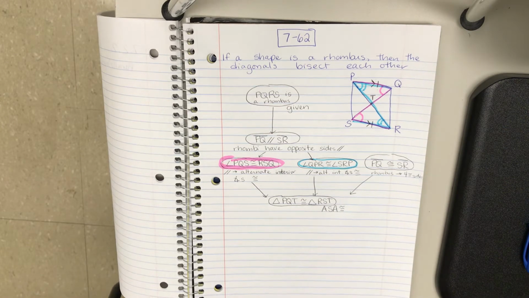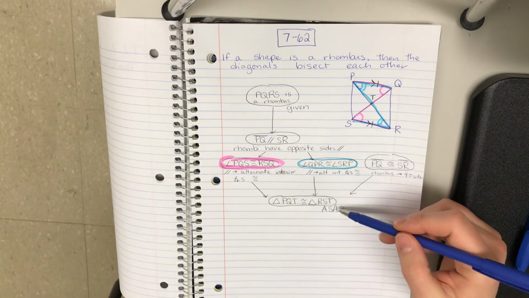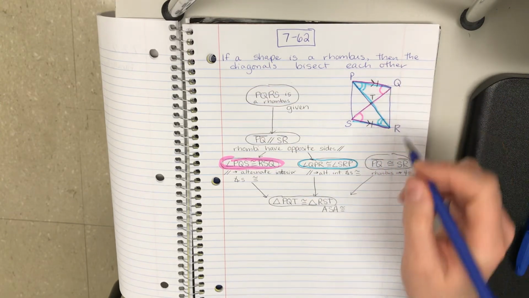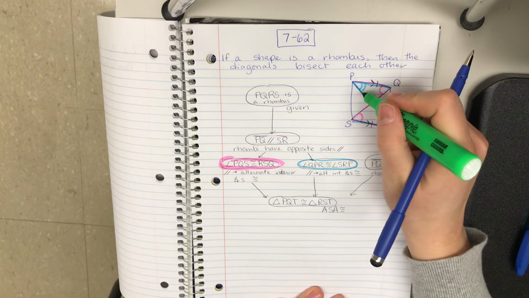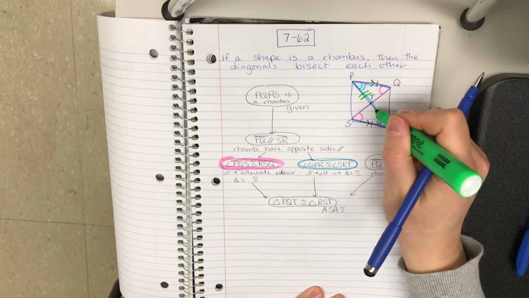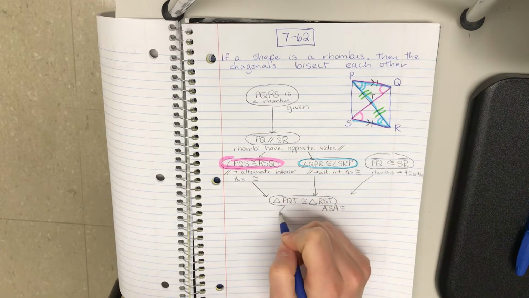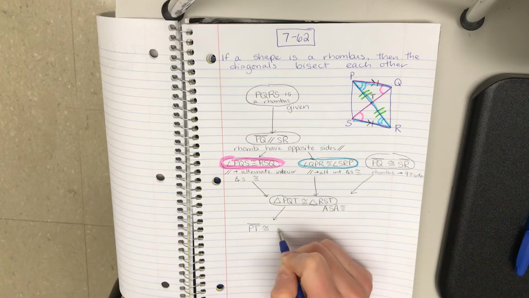Okay, and the reason that is helpful is now that I know that the triangles are congruent, I can say that their corresponding parts are congruent. So remember, the goal was to say that these parts were congruent. PT is congruent to TR.